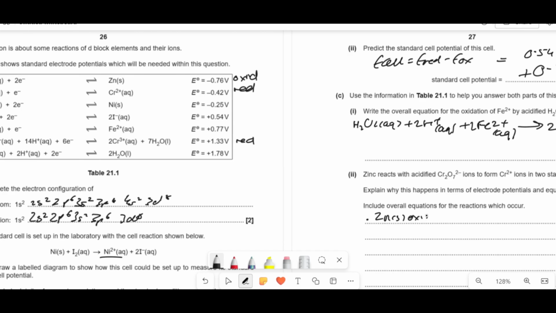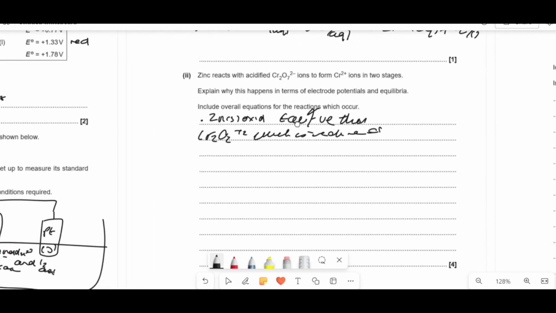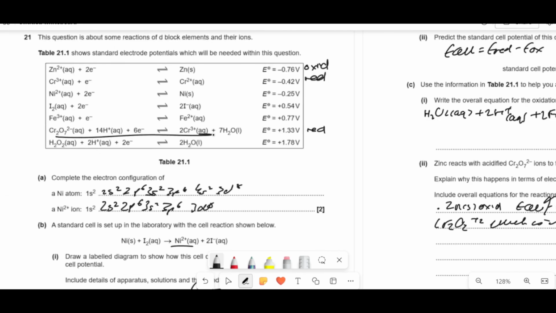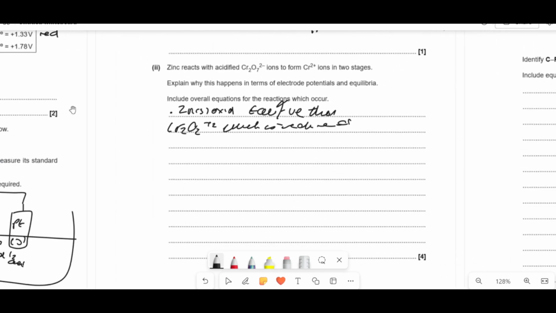Zn solid is oxidized because its E cell is more negative than the Cr2O7 2-, which is reduced. Right? So let's write the equation for that. The overall equation: if that's reduced, it's going that way, and if this one's being oxidized, it's going that way. There's 2 electrons here and 6 here, so we're going to times everything by 3 and cancel it out.